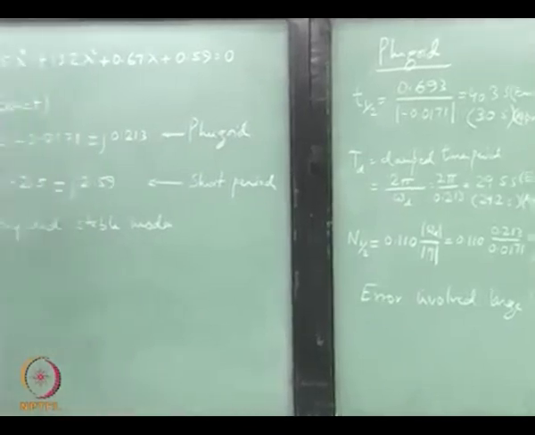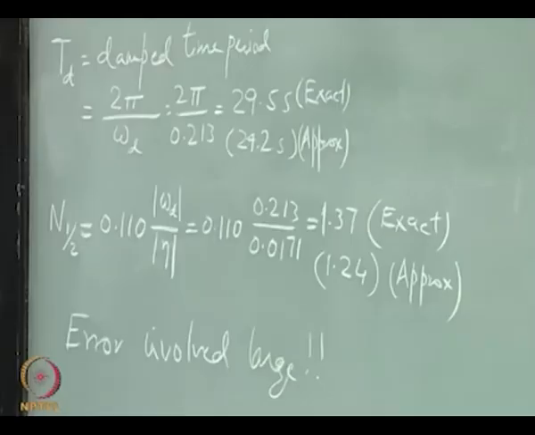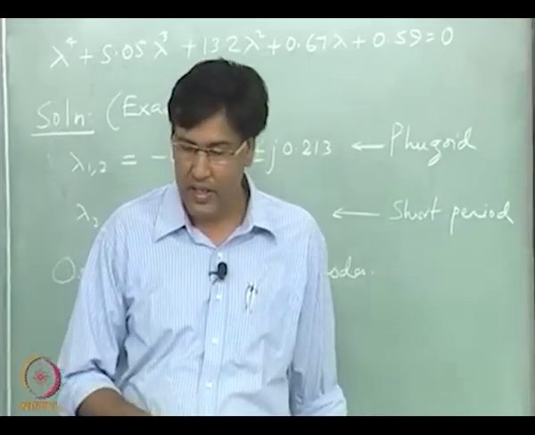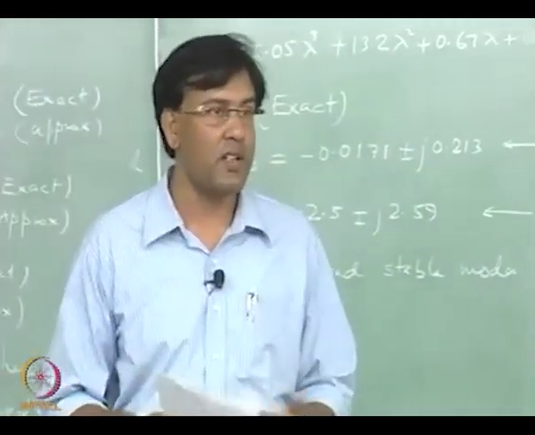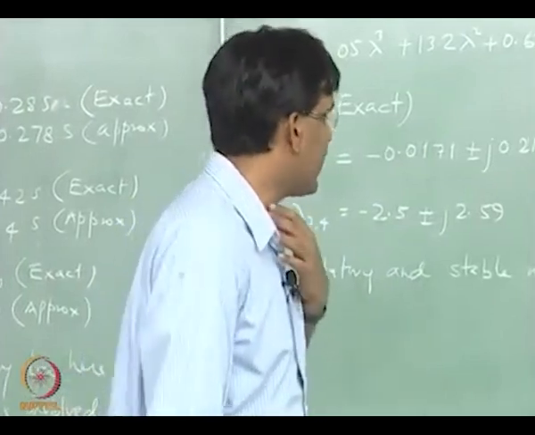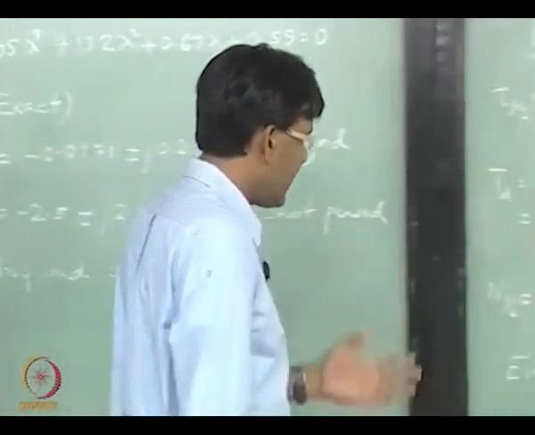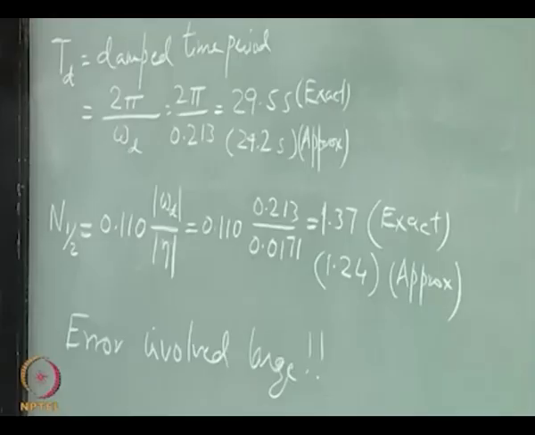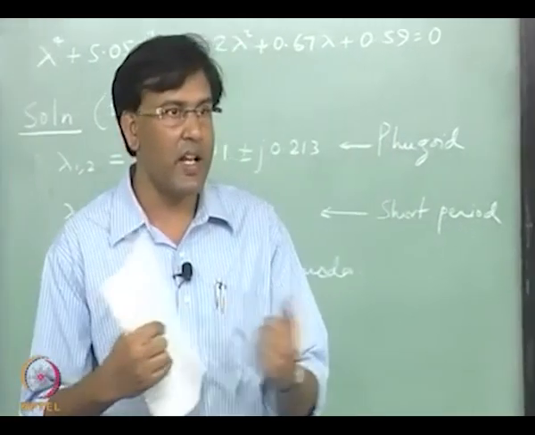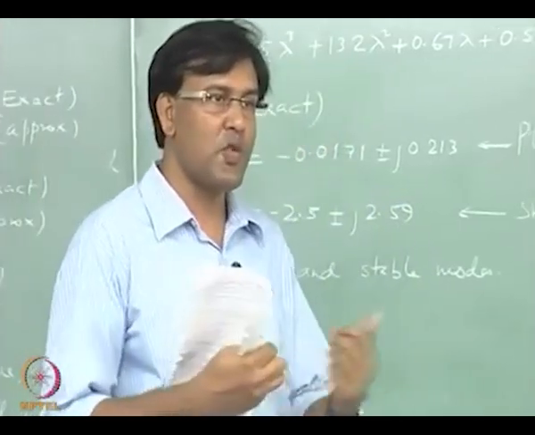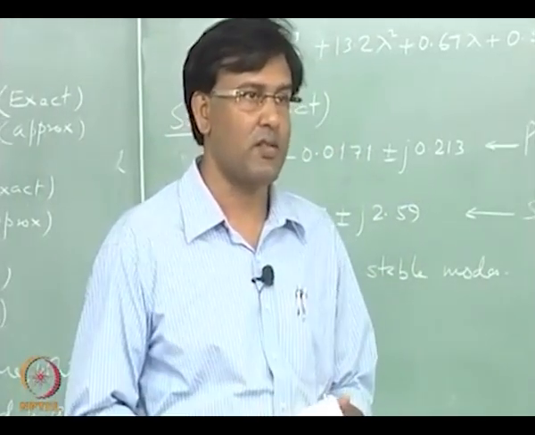People, even after 100 years of flight, have been working on approximate formulae. One recent article which talks about this says that we cannot really look at the two motions as decoupled motions.